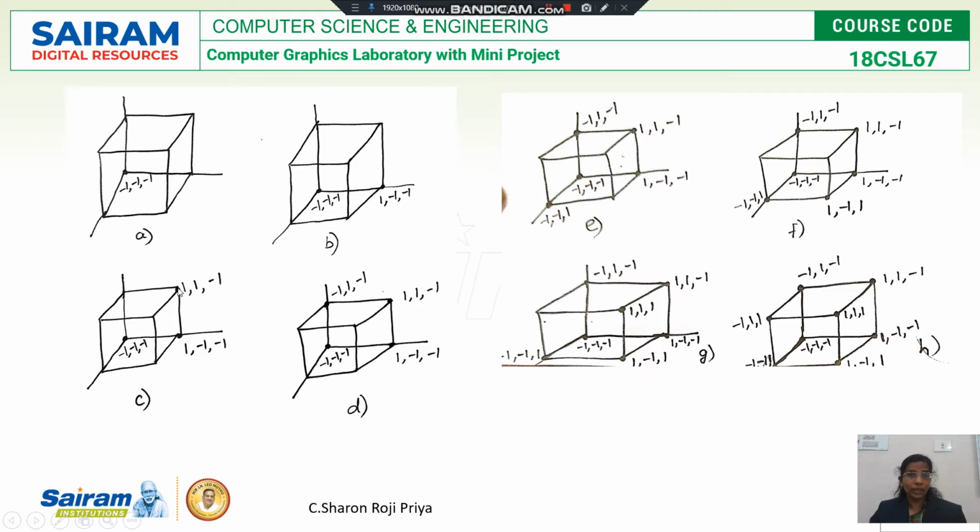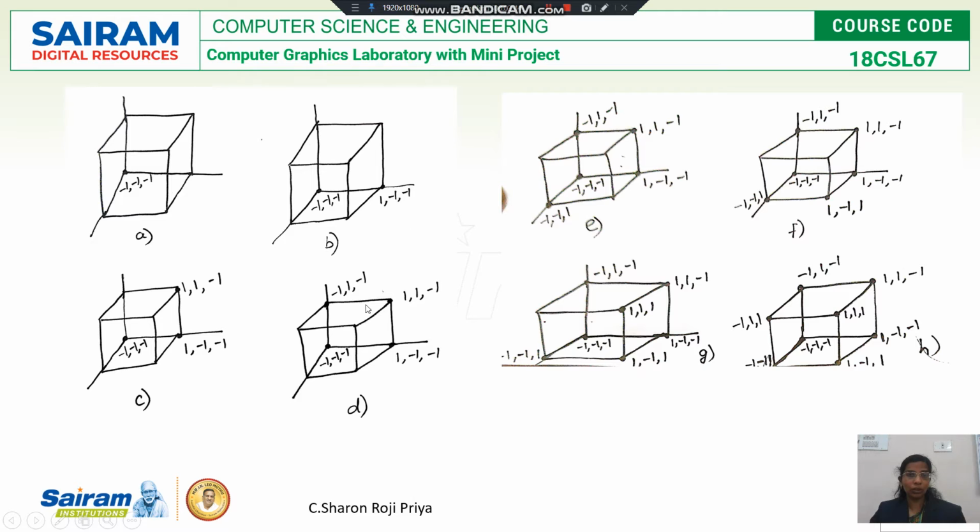So here x and z remain as that of the previous vertex. So x is 1, z is -1. Here y is -1, here it is +1. So -1, 1. Clear?